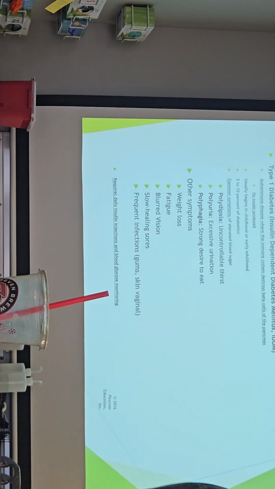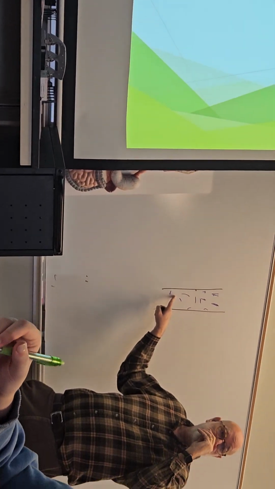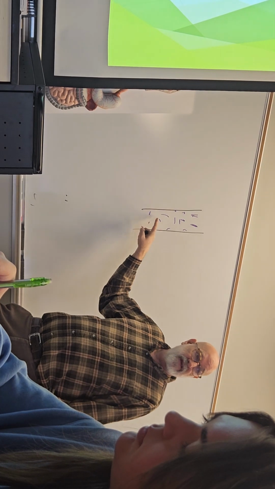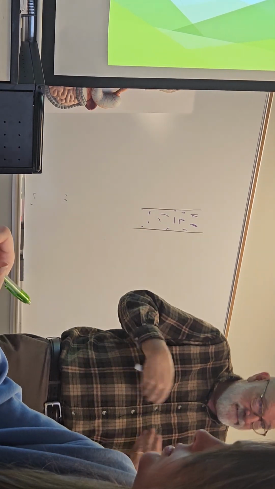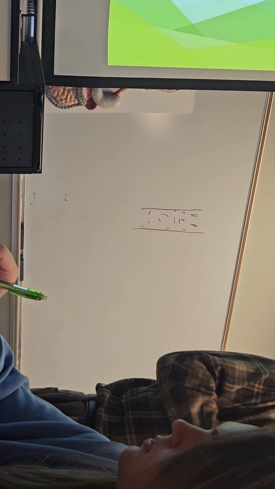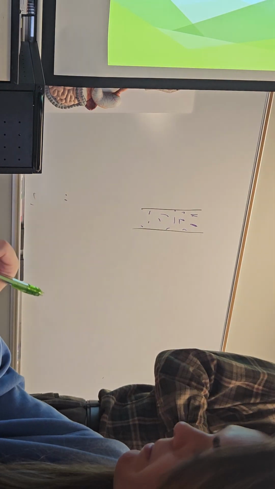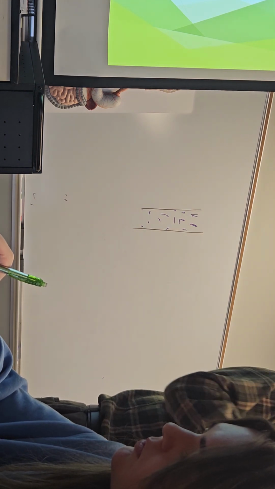It's stuck. It is sitting in their cardiovascular system. It's not being absorbed for energy. So they are eating carbs, but they're not feeling the result of those carbs, right? Because those carbs are not doing anything. There's no insulin to drive it into the cells, or they're insulin resistant.